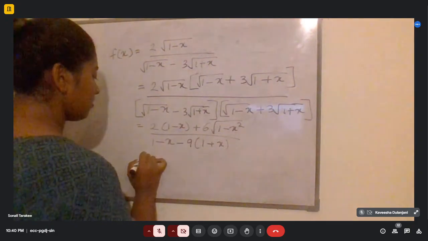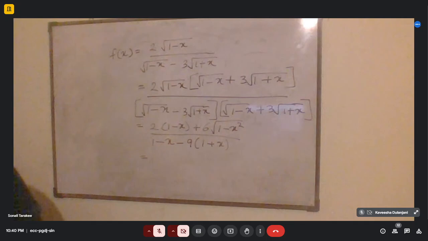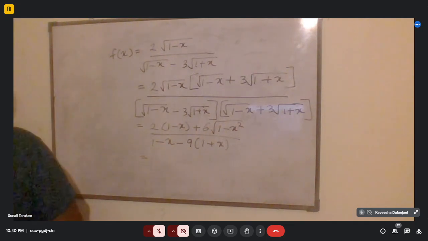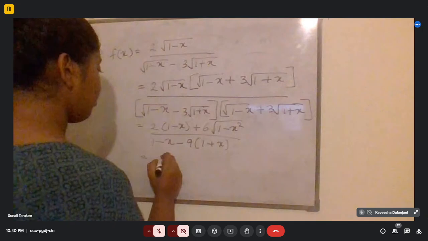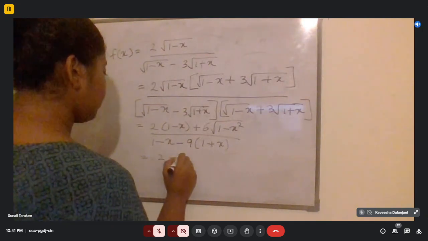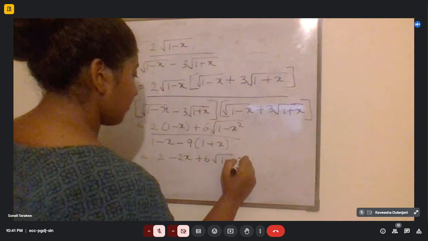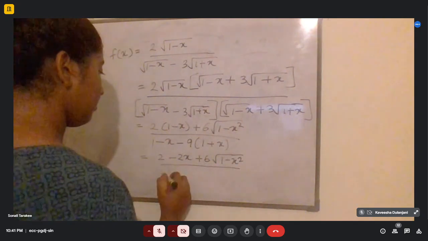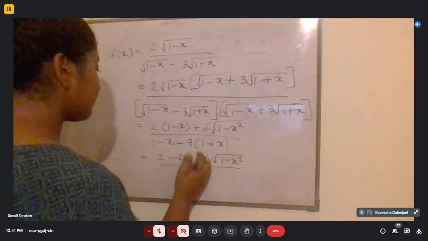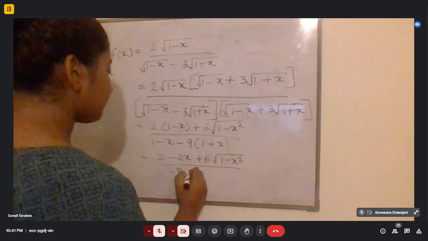So once you simplify this one, you get 2 minus 2x plus 6 square root of (1 minus x squared) over 1 minus 9, you get minus 8 minus x minus 9x, minus 10x.